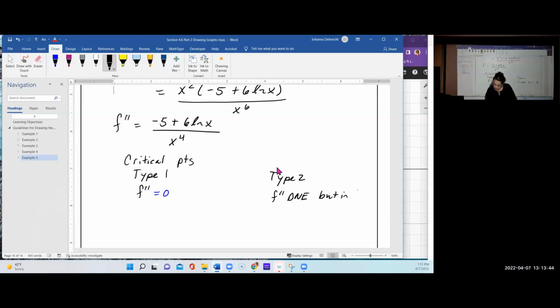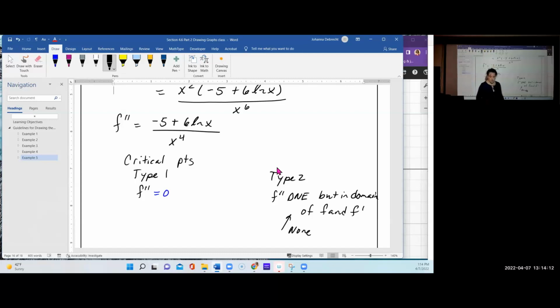But in the domain of f and f prime. And this time, we see that the only value that causes the second derivative to be undefined is again 0. But that's not in our domain. So we have no type 2s. And then type 1 would be the numerator equal to 0.